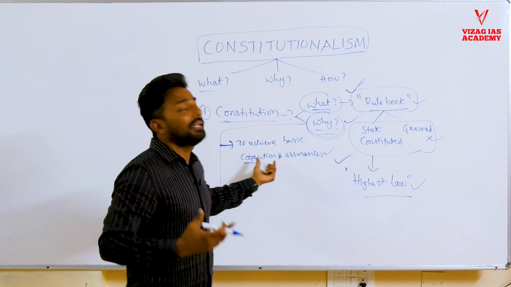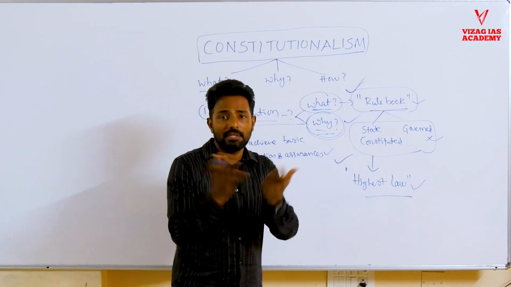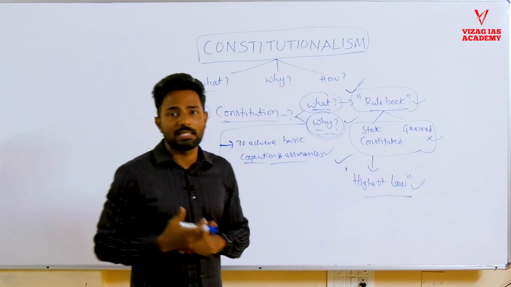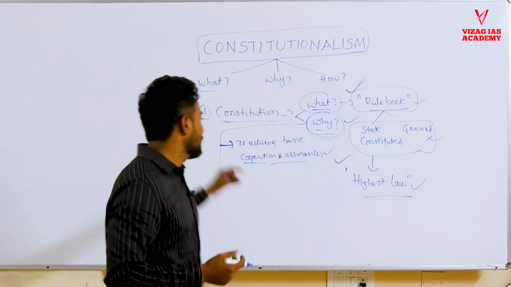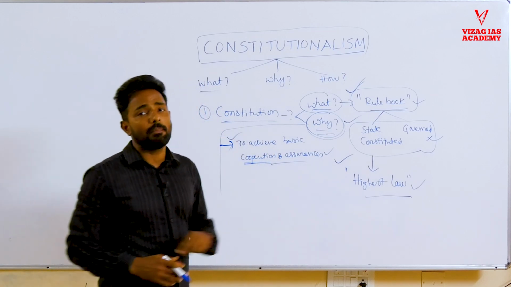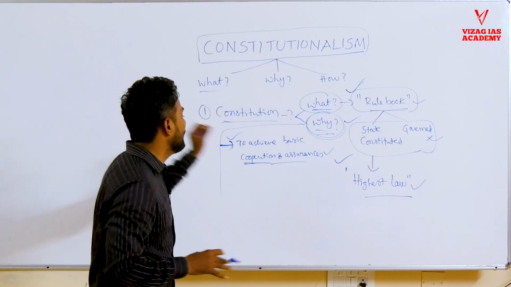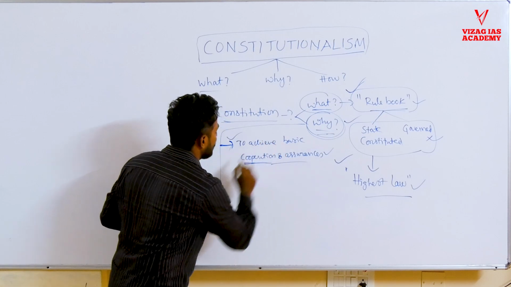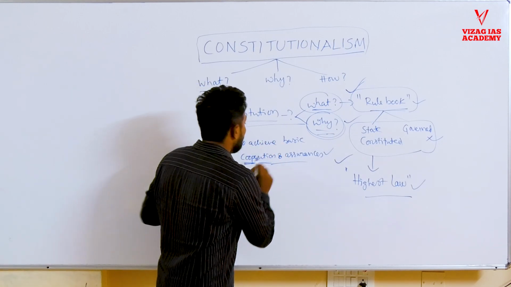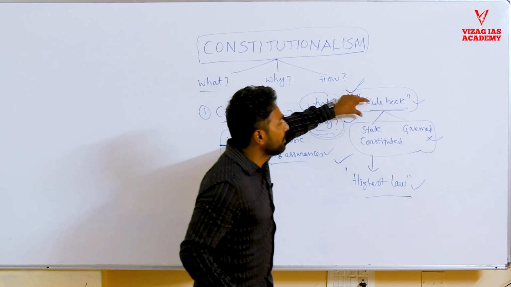So in a huge, vast country with huge diversity, there is bound to be a number of obstacles and differences of opinion. In order to secure basic cooperation among all the diverse groups, we need a constitution. And the second reason, as we have already discussed, is that it is a rule book.